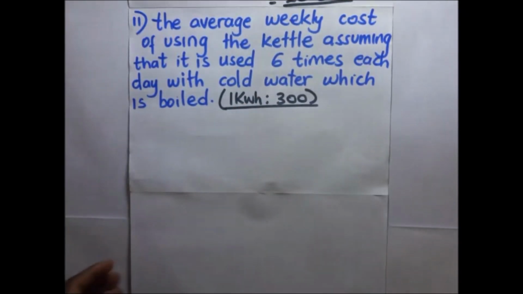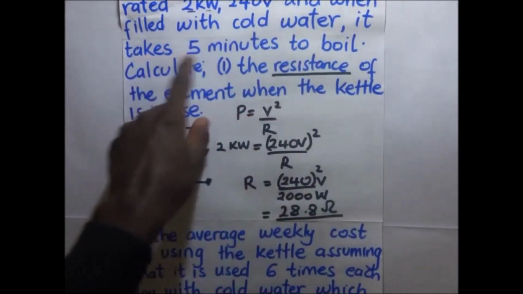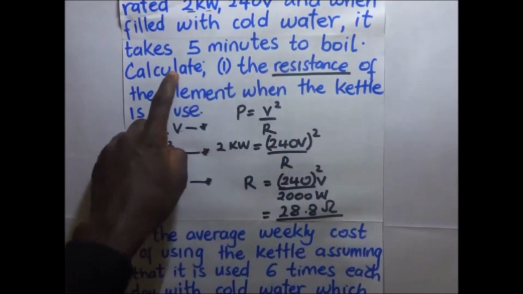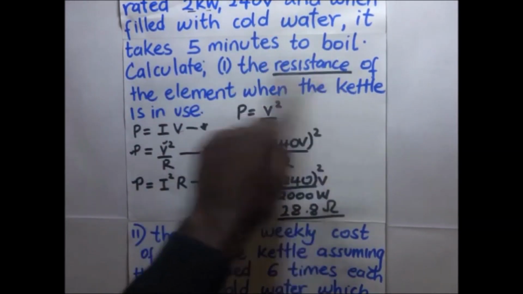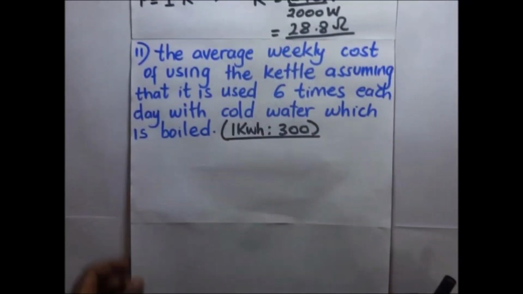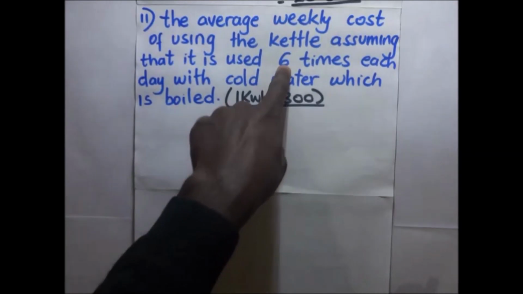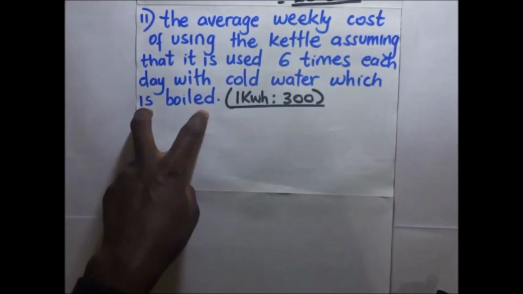So we begin with each day. And remember, according to our question, they're telling us that when filled with cold water, it takes 5 minutes to boil the water. So 5 minutes is the time taken to boil the water. And they're telling us that they use it 6 times a day, and each time they put in cold water which is boiled.